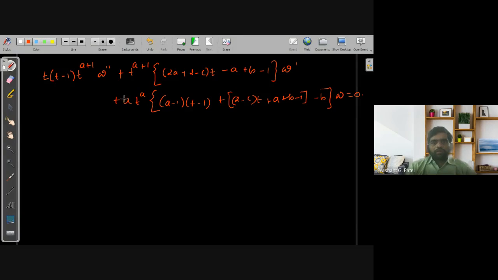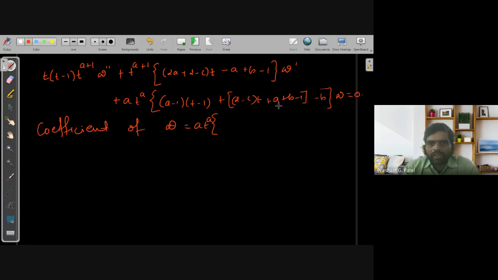Actually, further, I just see that the coefficient of w, I can simplify further, and let us see what will be that. So the coefficient of w is this: a into t power a. Inside the bracket we have this whole thing.